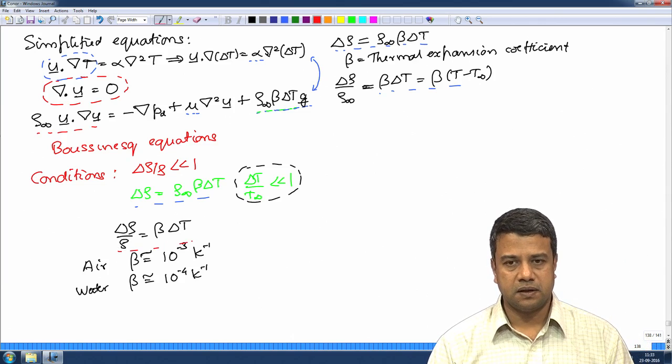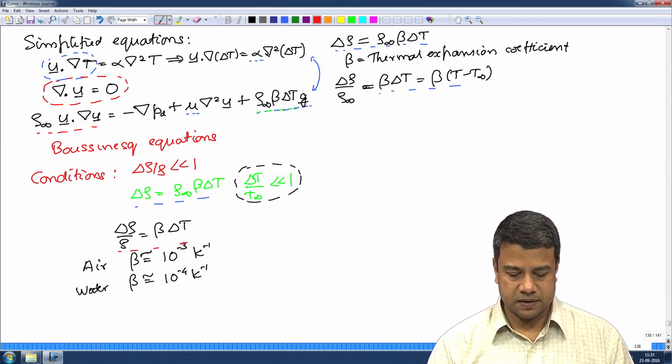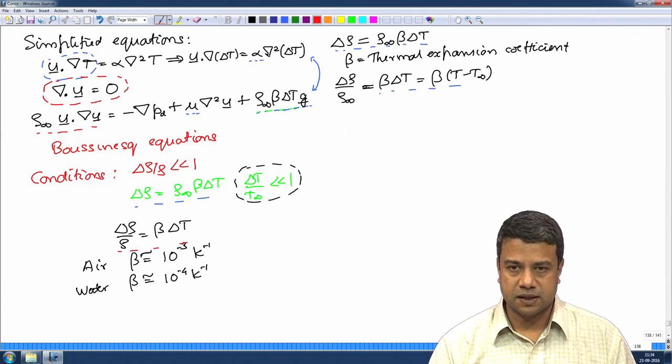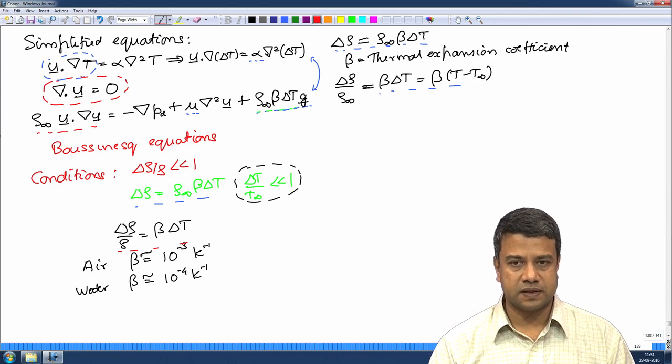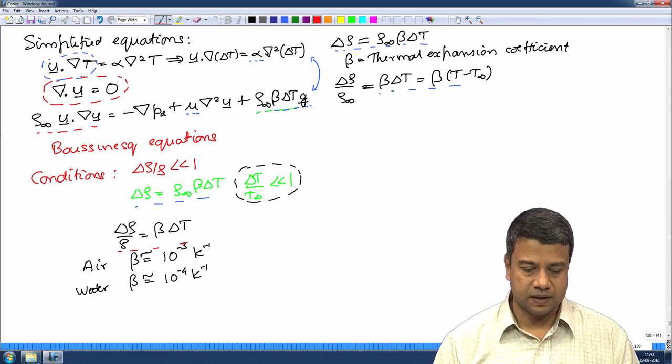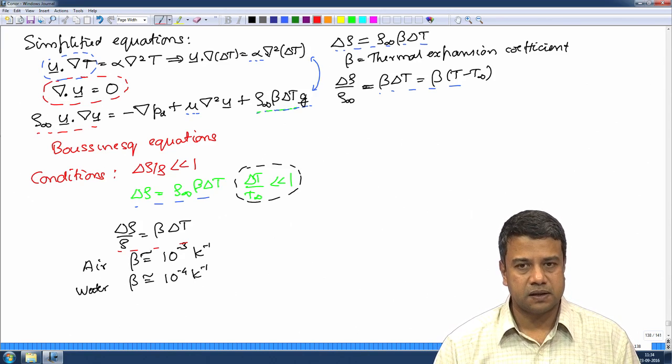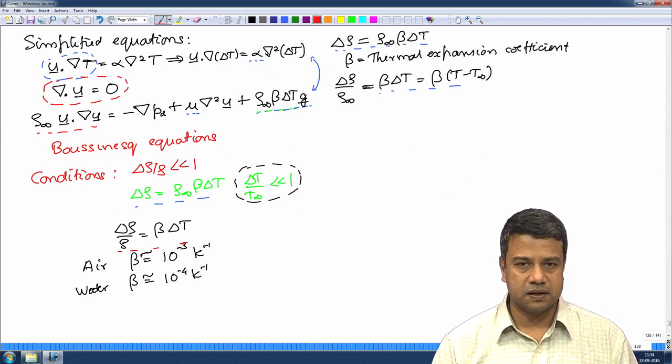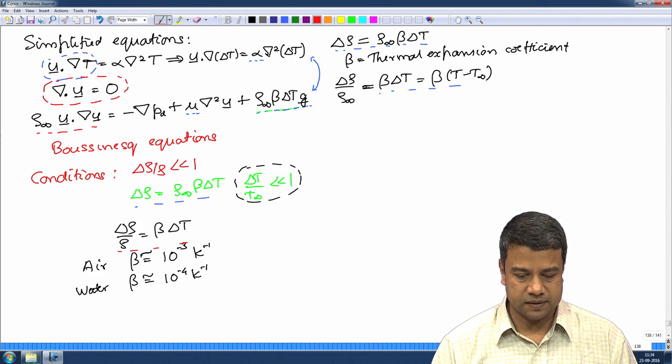And I said for practical applications, the thermal expansion coefficient beta is actually very small, and so even if you have changes in temperature of tens or hundreds of degrees, this change in density divided by the actual density will be numerically small. In that case, you can consider the fluid to be incompressible, and the density change can be neglected in the inertial term in the conservation equation.